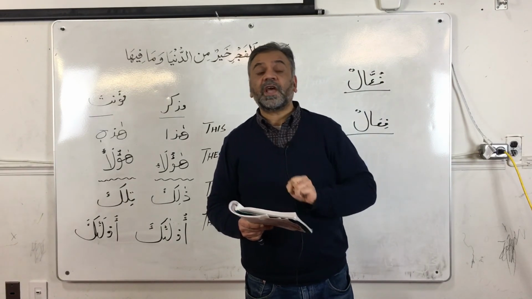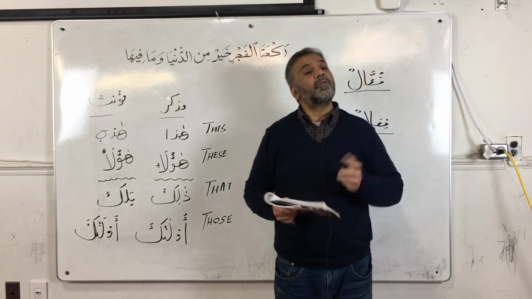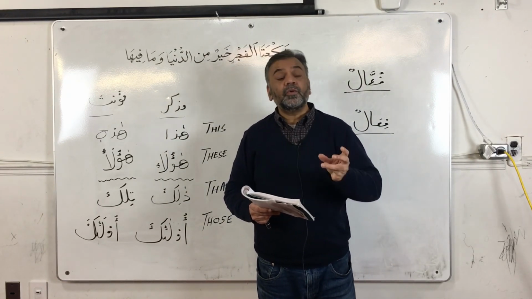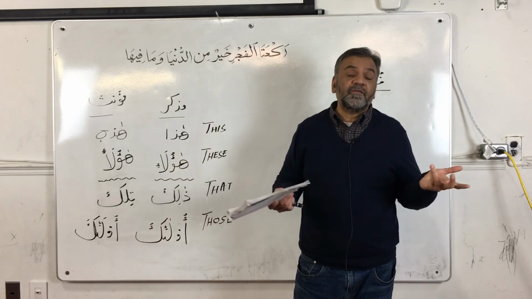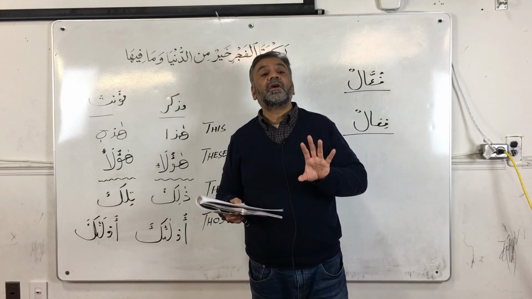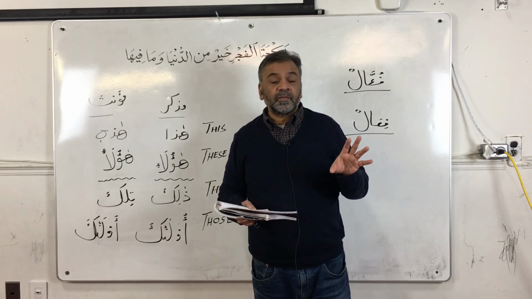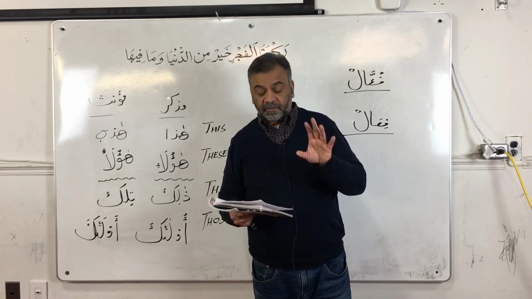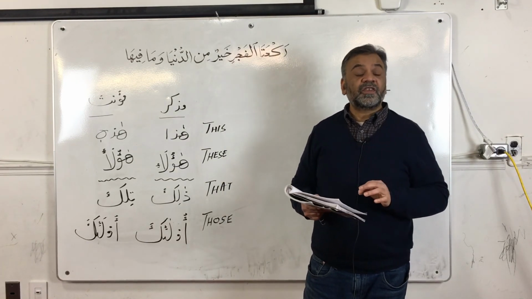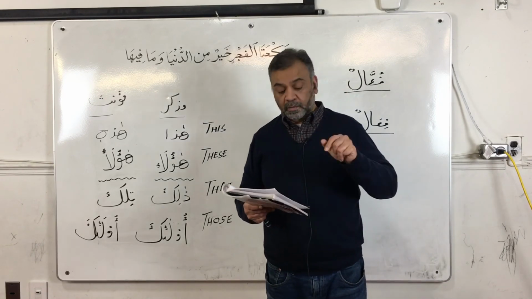What kind of pattern is that? Mudaf mudaf alayh. Abnaun will become abna'u because mudaf cannot have a tanween and cannot have an al. We know this rule, right? So, abnaun becomes abna'u because it is mudaf, and Muhammadin is your mudaf alayh. Sons of Muhammad.